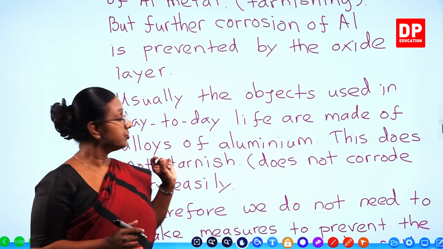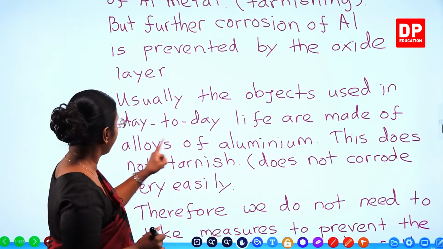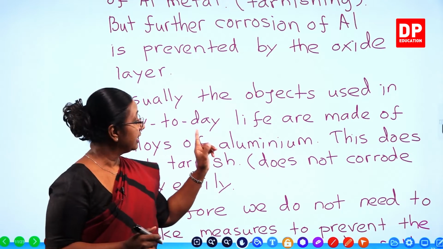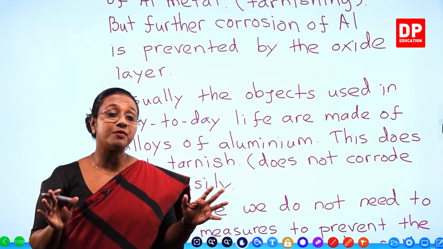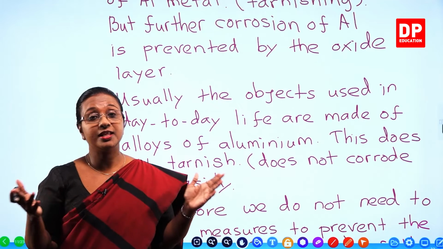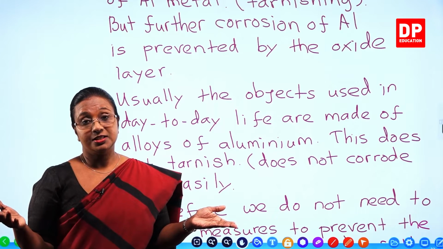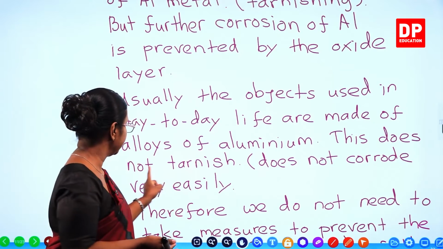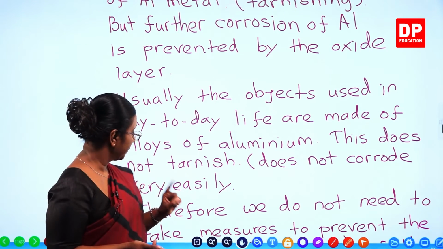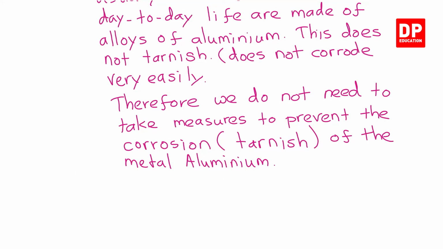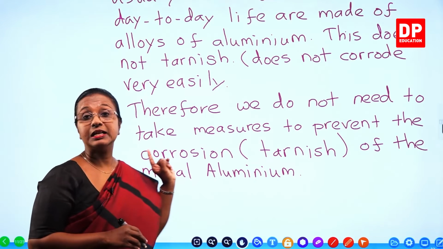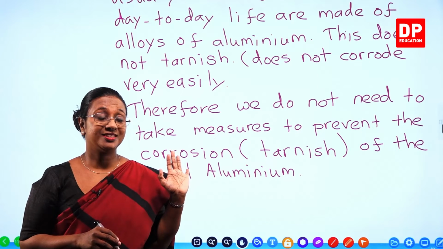Usually, the objects used in our day-to-day life are made of alloys of aluminium. This does not tarnish. So, that is why if you have seen objects made up of aluminium at home, you might think, okay, this shine never tarnishes. It is always shiny because it is an alloy of aluminium. So, they do not corrode very easily. So, that is why, therefore, we do not need to take measures to prevent the corrosion, that is tarnish of the metal aluminium. Is that clear to you all, students?